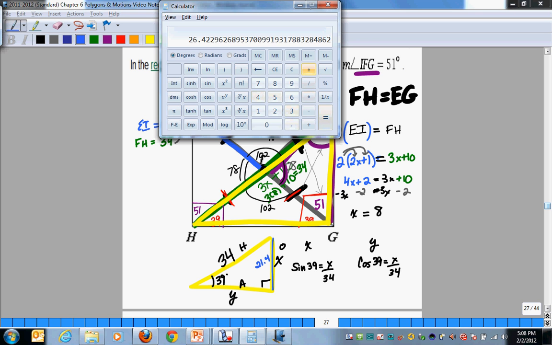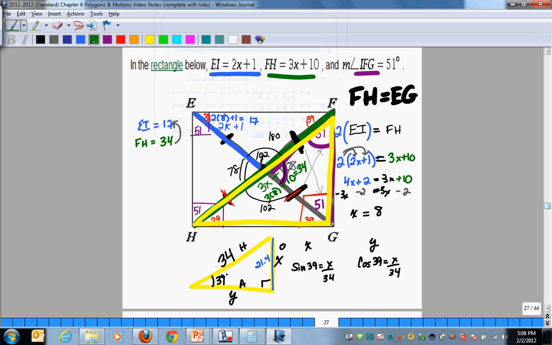And that gives us 26.4. Obviously, we can see that this side is longer than that. So there is a lot of information that you can find when all you know is that you have a rectangle. Let's try one more, and we'll be done.